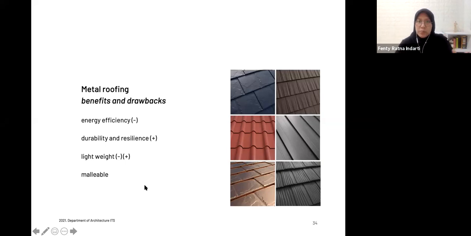It's more flexible than the terracotta tiles. For example, terracotta tiles will be a flat surface, but you can create a circular surface using metal roofing. That's why nowadays, if you want to create something dynamic, or not commonly found, people try to use metal roofing to express the design.